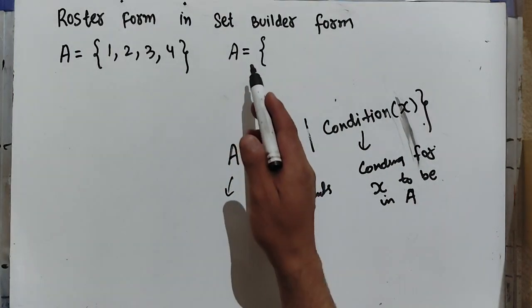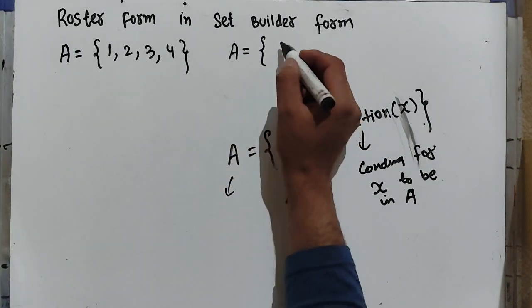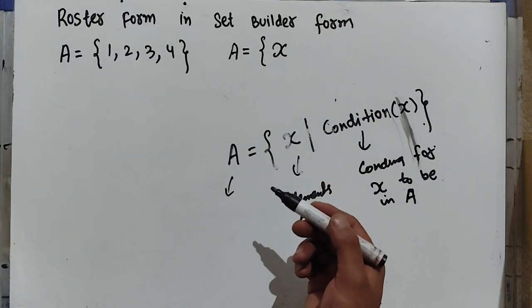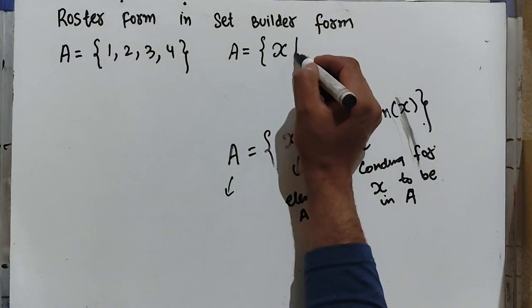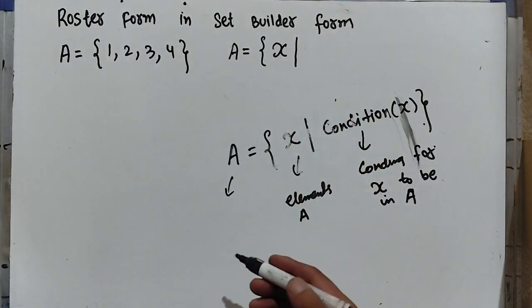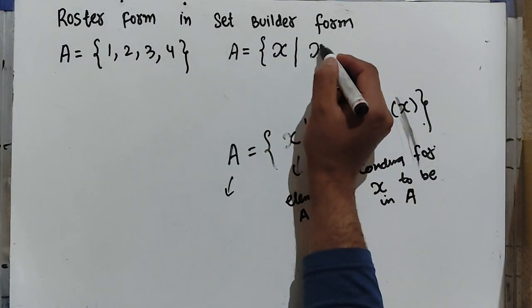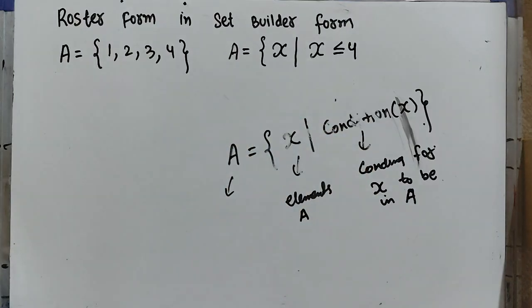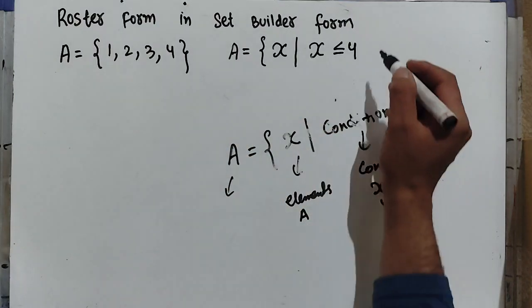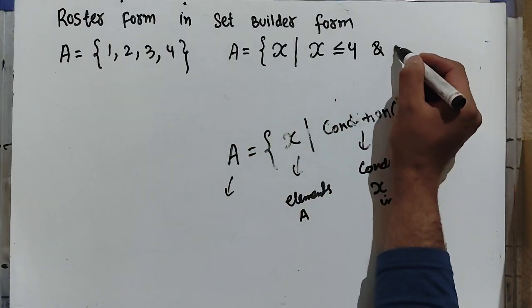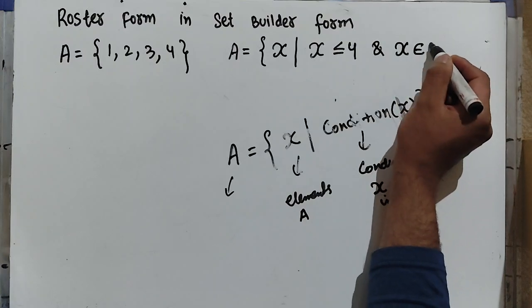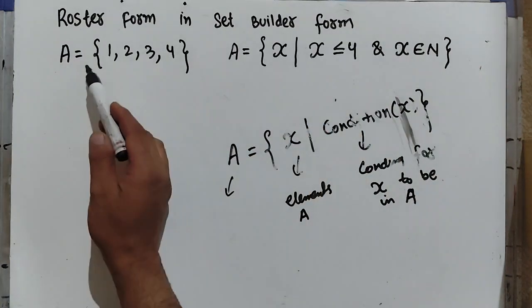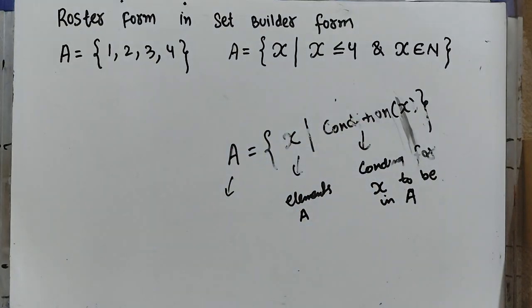So can I write, the set of all x's such that x is less or equal to 4. We have to specify another condition, that is, and x belongs to natural numbers. This is how we write this roster form in set builder form.